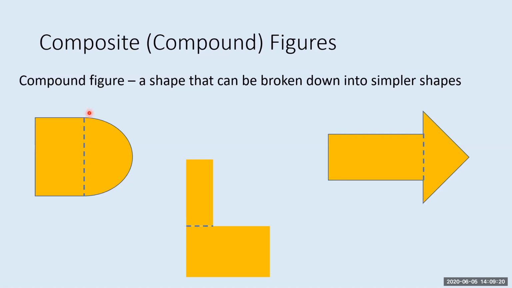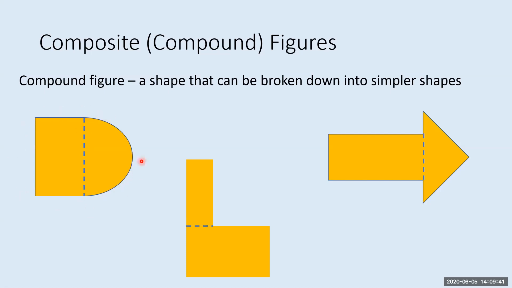But if I imagine this dotted line going down here, then I see this shape that originally I didn't have a name for. I can break it up into two simpler shapes that I do have a name for. I can break it up into a rectangle and a semicircle, or a half circle.